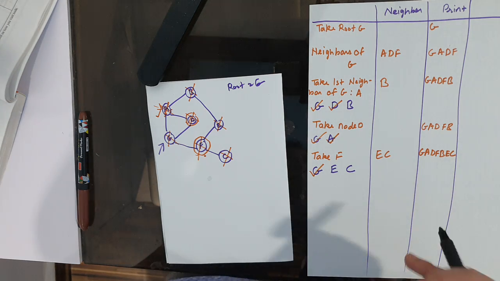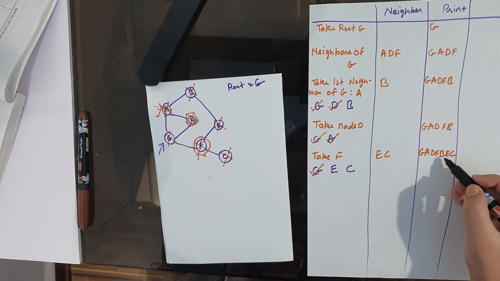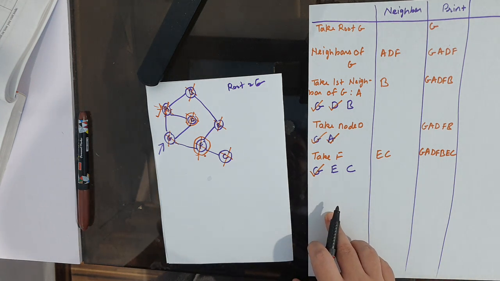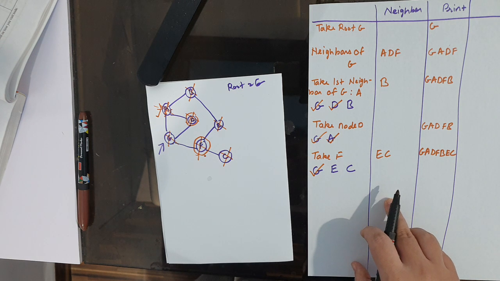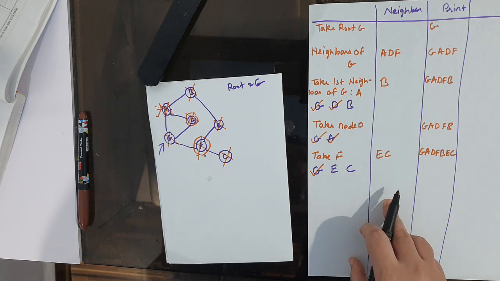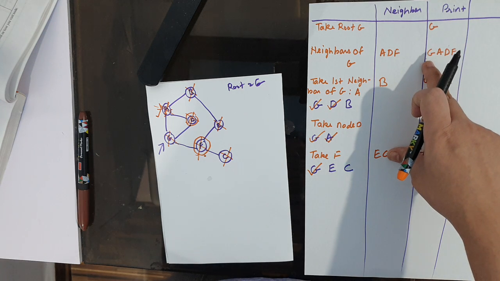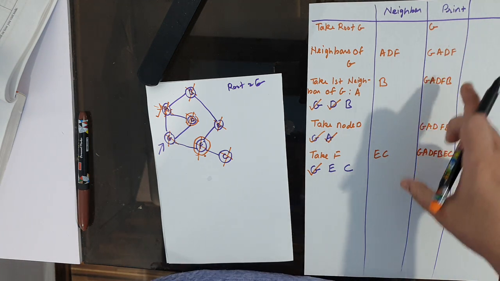And still if anything would remain, then after B we would take E, explore the neighbors of E, and print if anything is remaining. So we go in a sequence, basically.